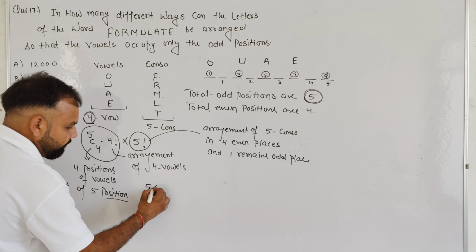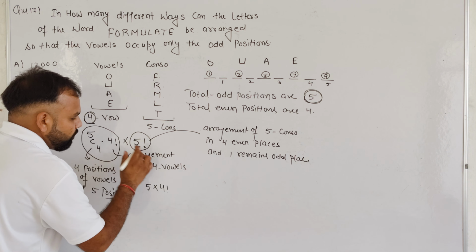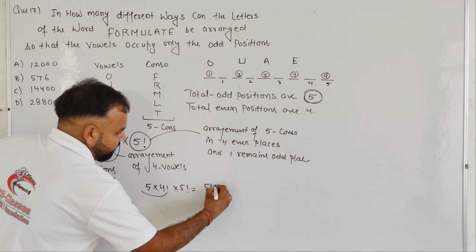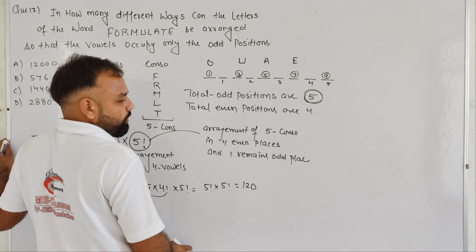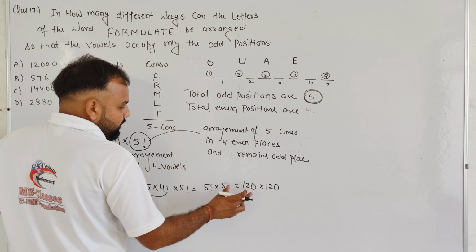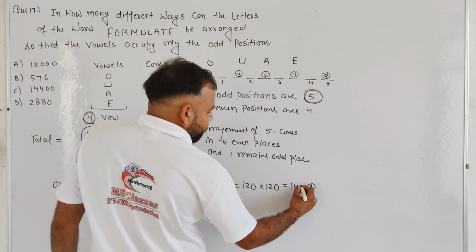That is exactly 5. And what is the value of 4 factorial? That is 5 factorial. And we know very well what is the value of 5 factorial? That is 120. This is also 120. So we know very well 120 times 120 is 14400.